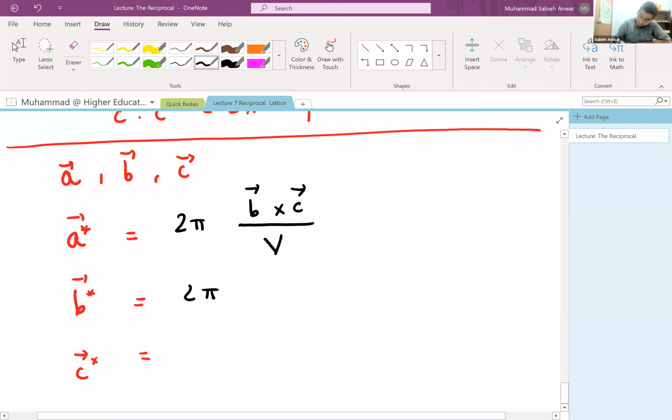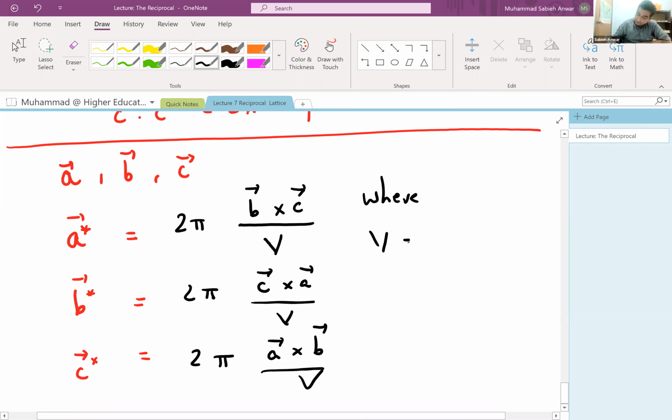B star equals 2 pi C cross A divided by V. C star equals 2 pi A cross B divided by V, where V is the volume of the unit cell.